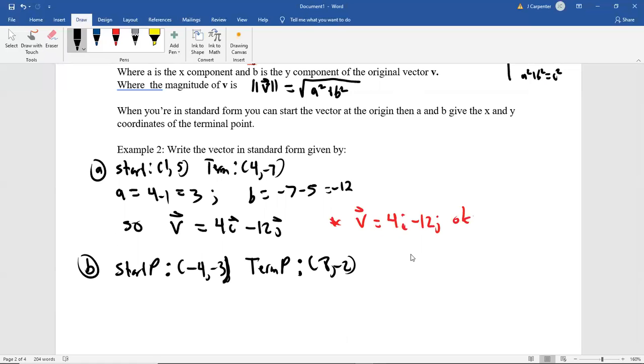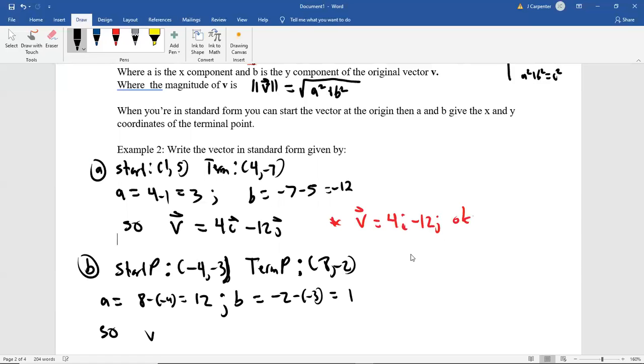So to find this in standard form, we just subtract the y's, subtract the x's, and that's pretty much it. So the a value is the difference of the x's, terminal minus starting, so 8 minus -4, which is 8 plus 4, which is 12. The b is the difference of the y's, -2 minus -3, which is -2 plus 3, which is +1.